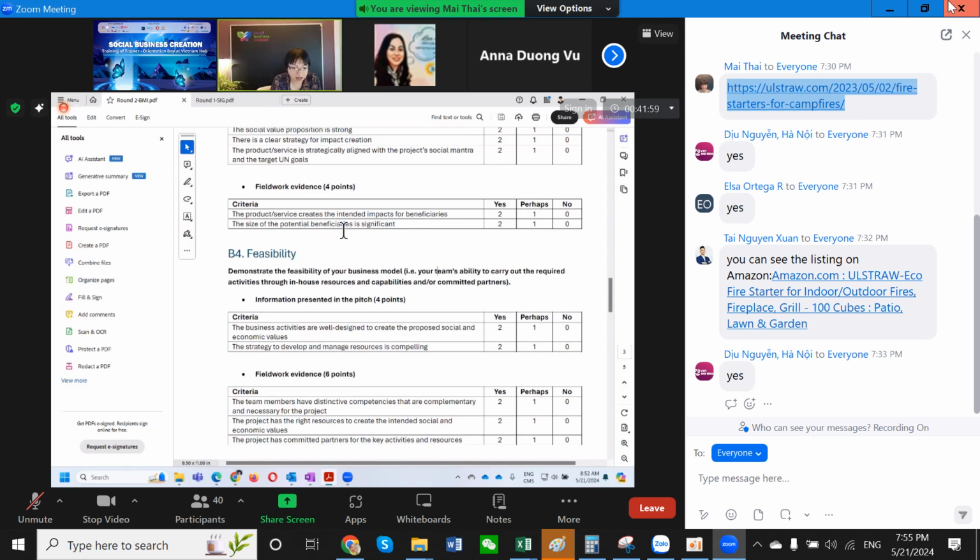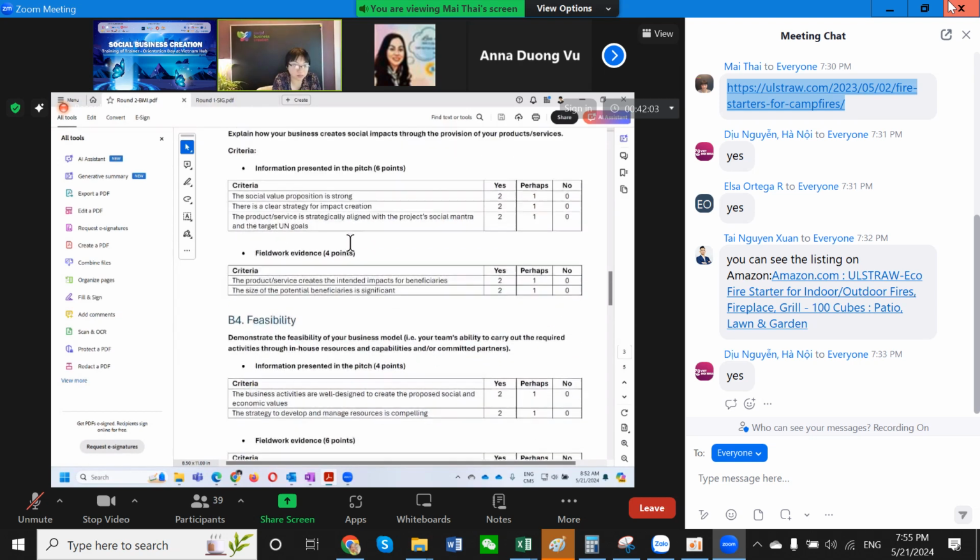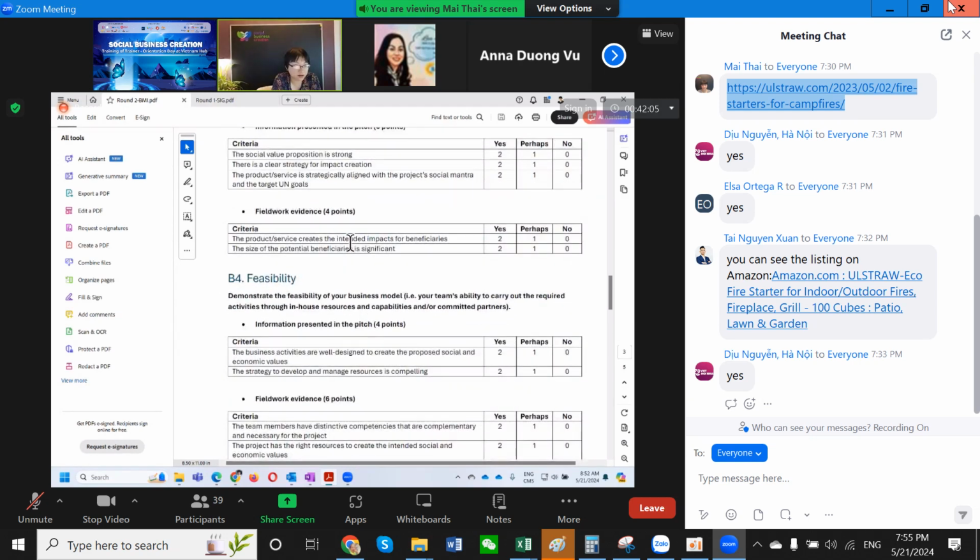And now in this round, they have to show that they really have someone who is capable of designing and making the coding with AI. So it's not like, I think AI will be a good solution, but how you do it, and you have no one in your team or no partner who can help you designing an AI-driven tool for your product, then it's not feasible.